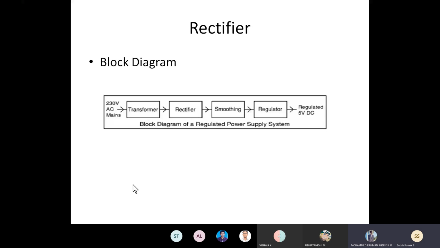Sir, I think we should use regulators. No, after the rectifier, are you getting a pure DC waveform? No, sir, because the positive half cycle is conducting and the negative is zero.